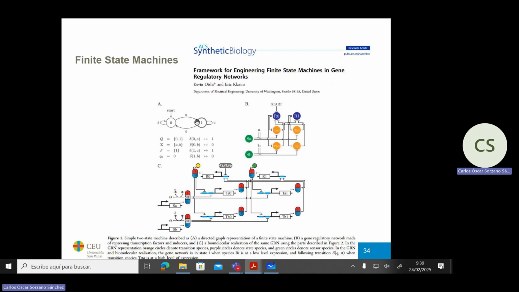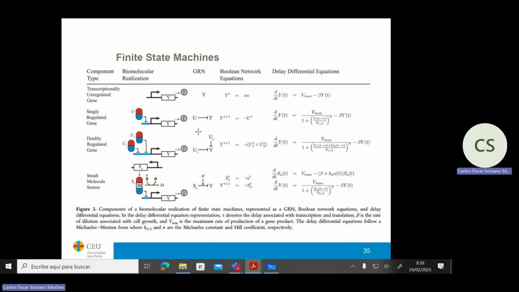So it is an automata of this kind. You can express it at the level of an automaton like this one, or like this one, which is the same. This is a graphical representation, and this is another graphical representation. These bars mean that they prevent. So if U is activated, it prevents Y from being activated.